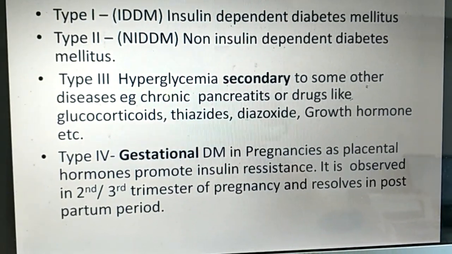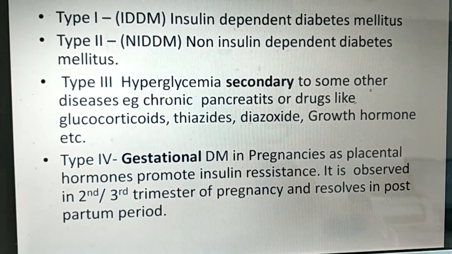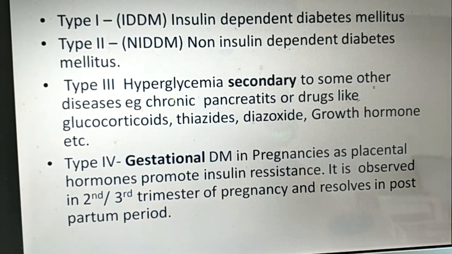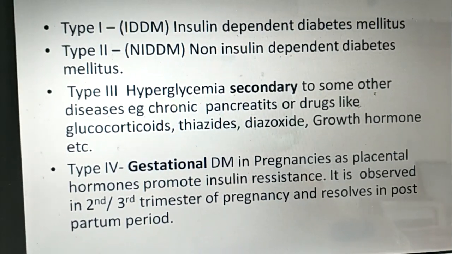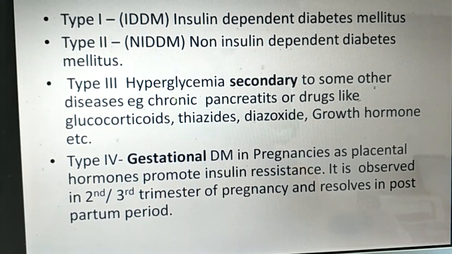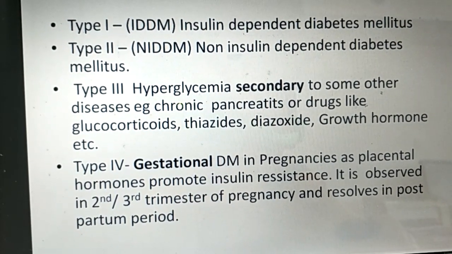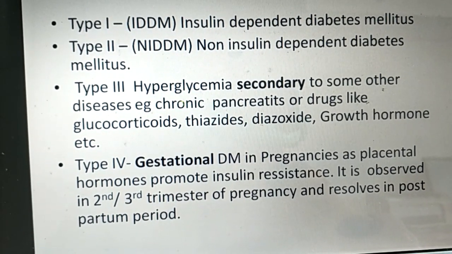Type 4 is during pregnancy, gestational diabetes mellitus, GDM, because the placental hormones cause insulin resistance. The responsiveness of the tissues to insulin is reduced. Hence, sometimes in the second or third trimester, diabetes occurs and it resolves in the postpartum period.